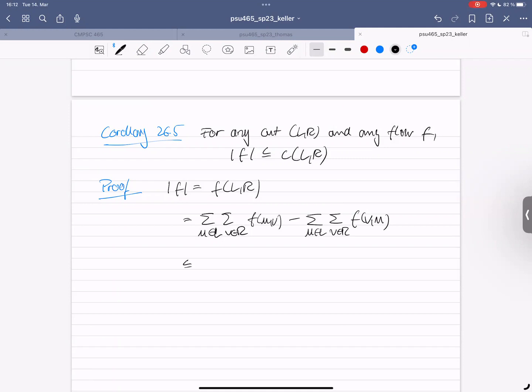Then to upper bound this, we can simply drop everything that we're subtracting. We're subtracting something non-negative, this part here. So we just drop this, and then we get an upper bound. So this is clearly smaller or equal than just writing the first part of this.